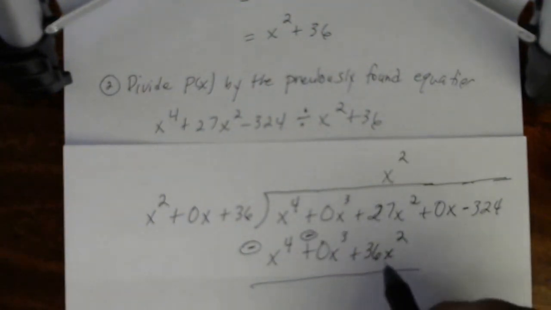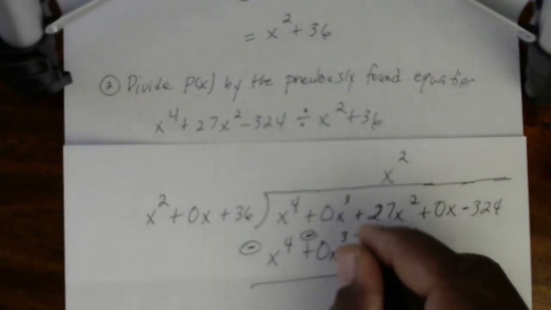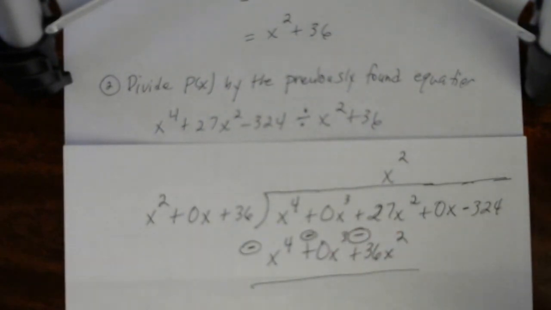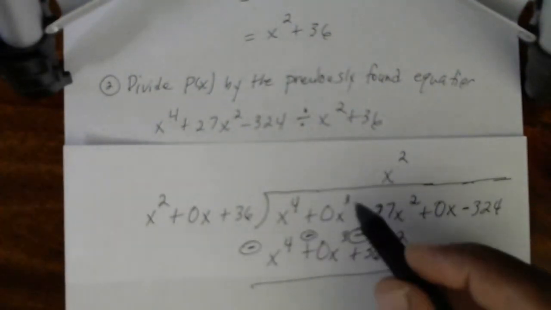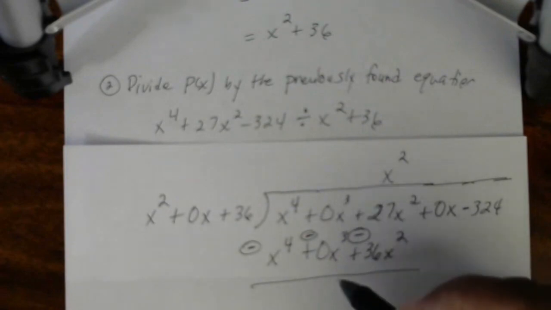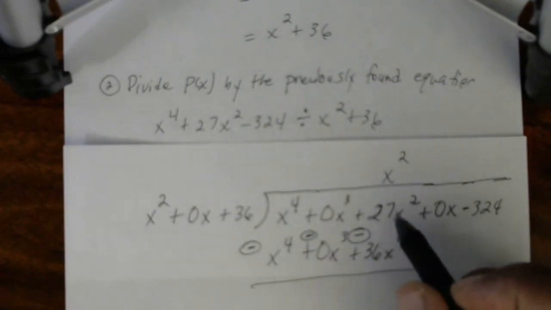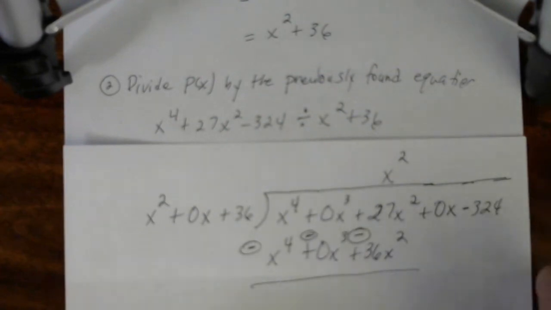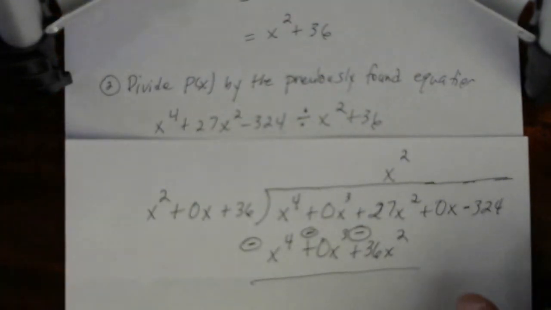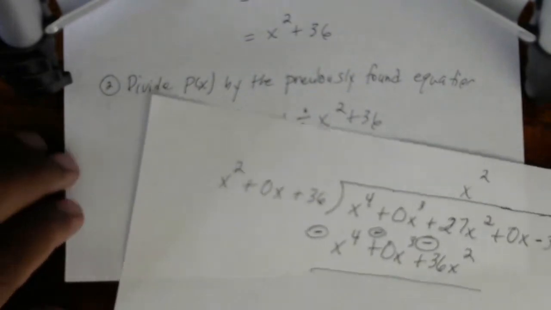And this 36x squared becomes negative 36x squared. Right, so my x to the fourths cancel, my x cubes cancel. 27x squared minus 36x squared is negative 9x squared.